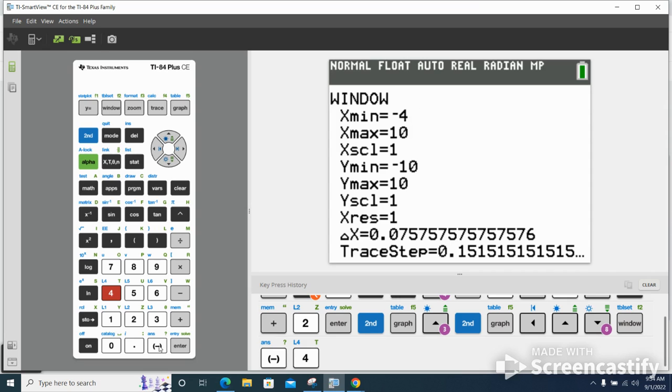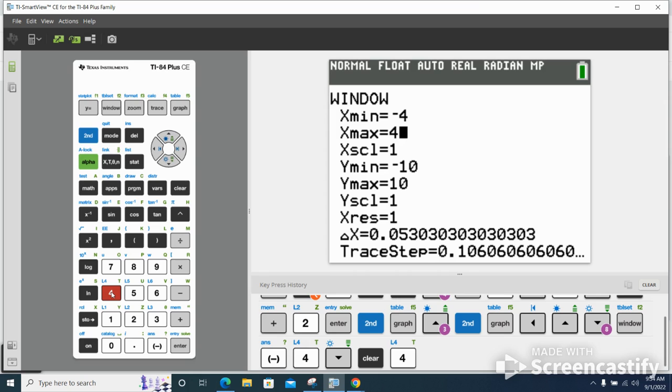And then what is the maximum x value for this particular problem? Well, right now on the calculator it says 10, but for the problem we're doing, what is the maximum x value? 4, right? So I'm going to hit clear, and I'm going to plug in 4. Does that make sense?